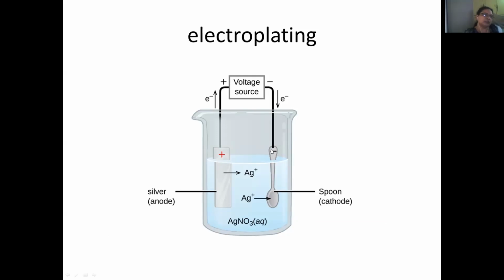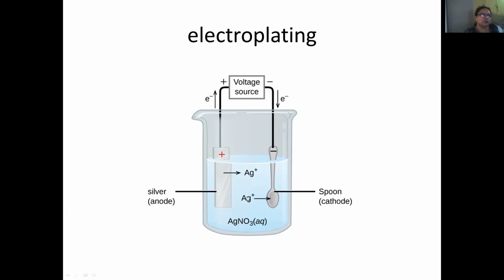Suppose this spoon I want to coat with silver. So what to do? This spoon is connected to a voltage source, and there is an anode made up of silver only, and then we have to take silver solution, that is silver nitrate. As soon as the current is passed, silver ions and nitrate ions get dissociated.